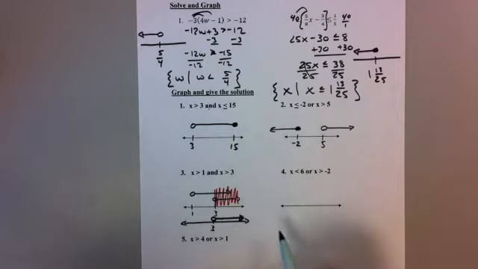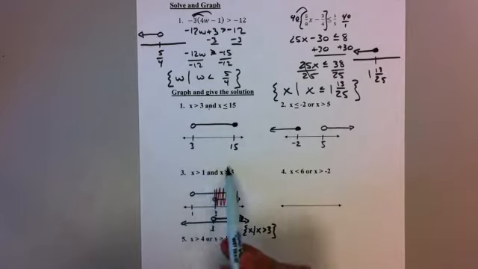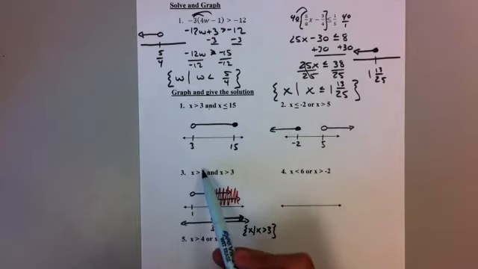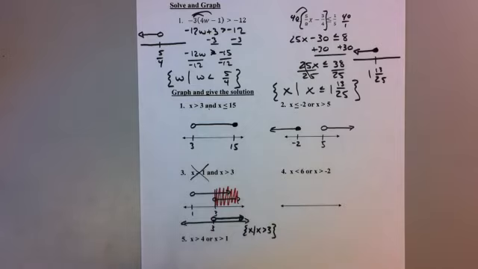And my real solution would simply be all values of x such that x is greater than 3. That would be the best way to describe this situation. So essentially this part is useless. It's repetitive information. We don't need it. All the numbers that are bigger than 3 will satisfy both of those.